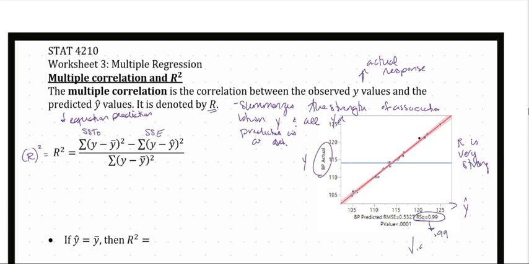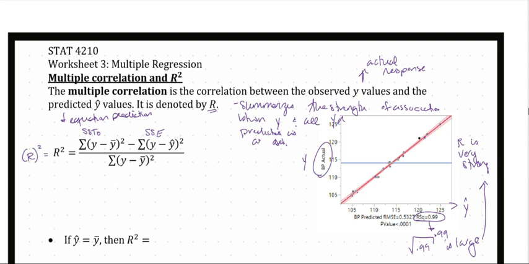The square root of 0.99 is also very large, and that would be our multiple correlation. So if we were to take our predicted responses and our actual responses and plot them against each other, the strength of the association between those, which is what we have here, is our multiple correlation.